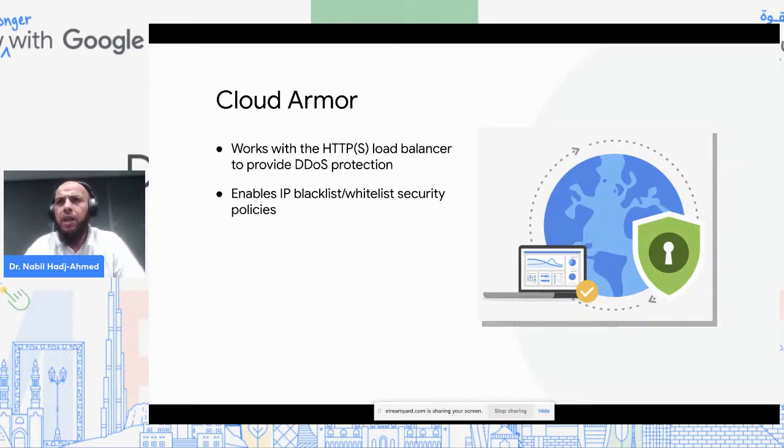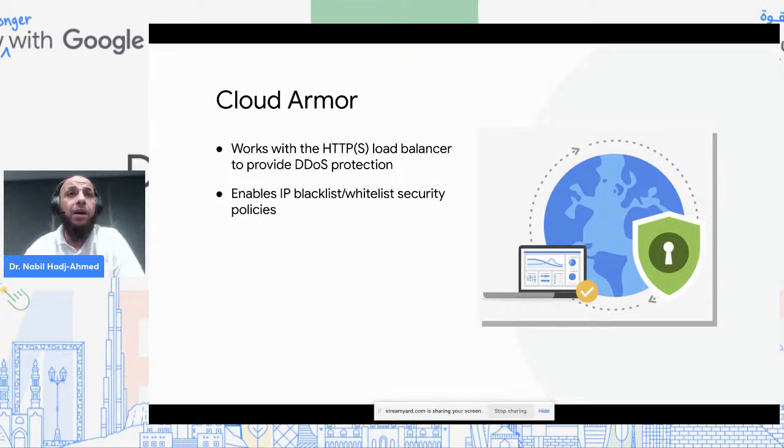So Cloud Armor works beautifully with the global HTTPS load balancers to give you another layer of protection from DDoS attacks. With the load balancers, it's there by default, but I don't have any level of customization.